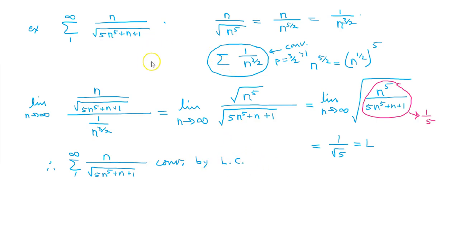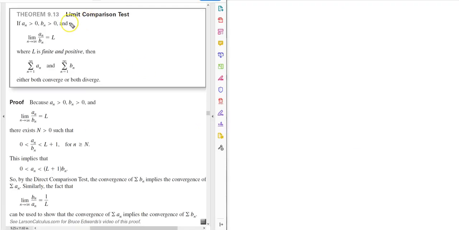All right, now let's take a look at the proof of the limit comparison test. Now here once again is the statement of the limit comparison test. If we're given two sequences, an and bn, where the an and bn are both positive, all the terms are positive, and the limit as n goes to infinity of the quotient an over bn equals L, which is greater than 0 and exists, is finite, then both series will either converge or they will both diverge.